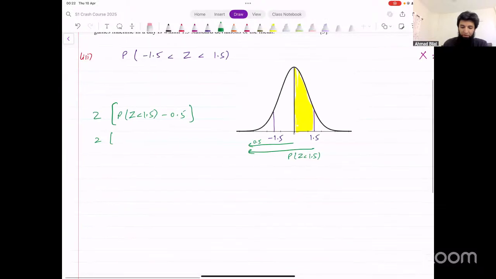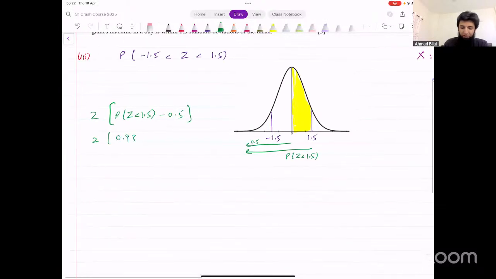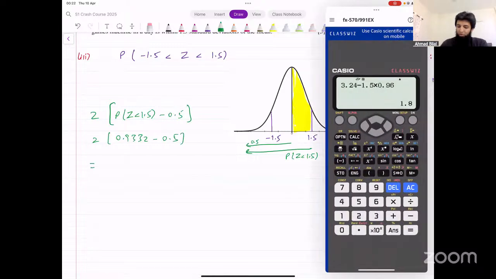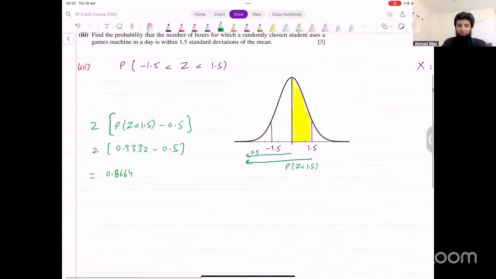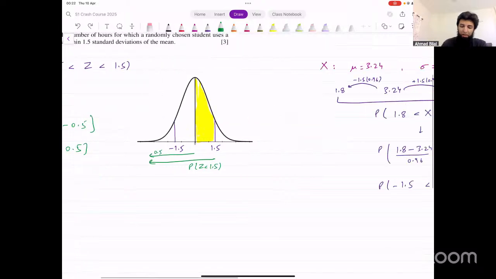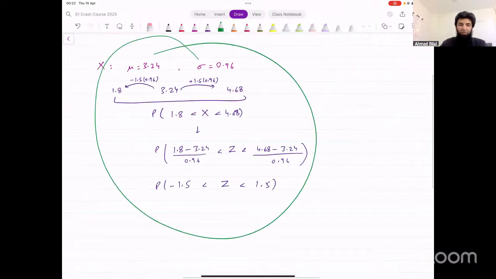That's what we write here. 0.9332 minus 0.5, and that's going to give you the result. 0.4332 times 2, that will be 0.8664. That's the probability that we are looking for. So we could just do this much working. We could skip all of this.